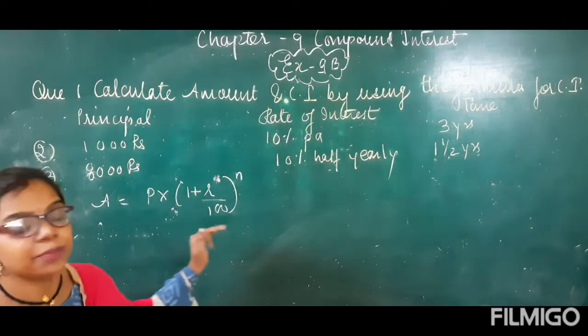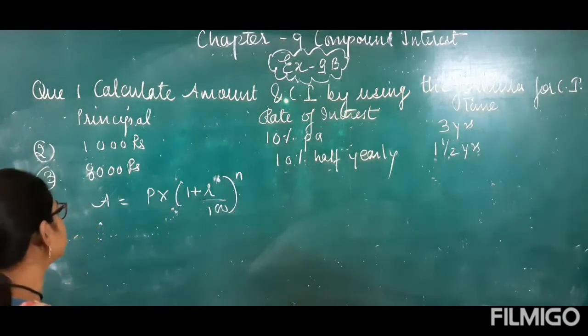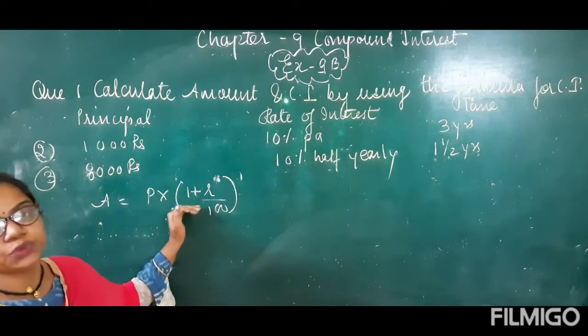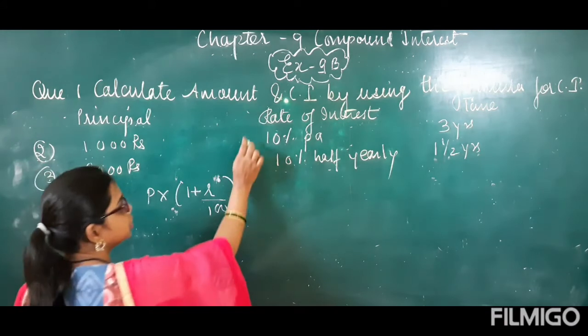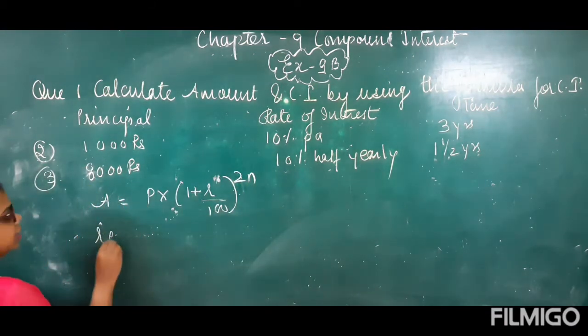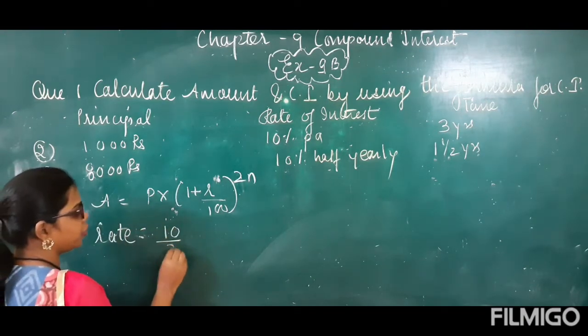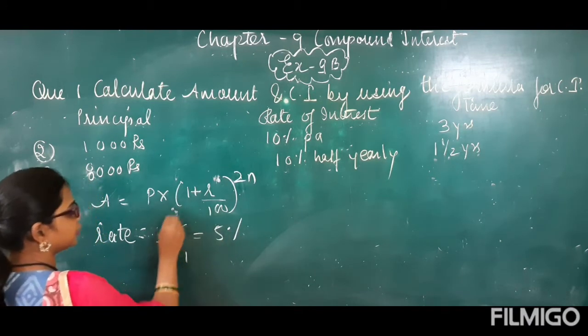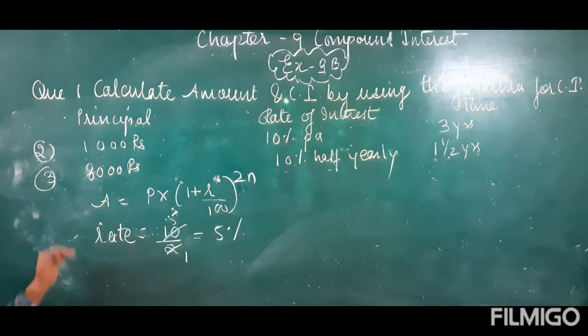This is compound, half yearly. So the amount formula will be p into 1 plus r upon 100 to the power 2n. As I told you, the rate will be half, that is 10 upon 2, that is 5%.